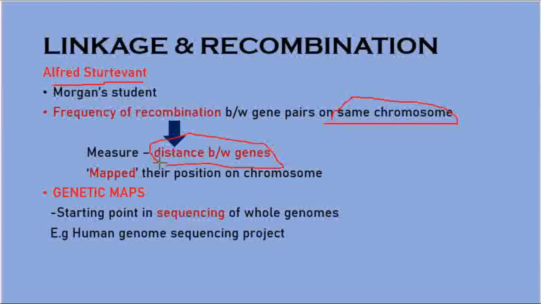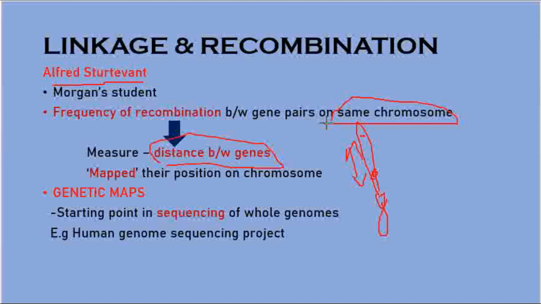That he found out, Alfred, who was Morgan's student. So it is a good idea, right? How frequent the recombination occurs between a gene pair. If you know the data, you can measure the distance between the two genes. So if you take a chromosome, how distant the two genes are. So the distance can be measured.